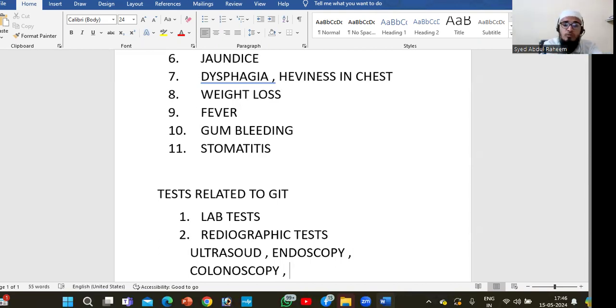Sometimes we have capsule endoscopy also: you swallow one capsule and it captures all the problems from mouth to anus. Or balloon endoscopy. Endoscopic ultrasound, where we do both endoscope and ultrasound sometimes. And we have endoscopic retrograde cholangiopancreatography. Colonoscopy, upper endoscopy, lower endoscopy. Mostly these tests are involved.